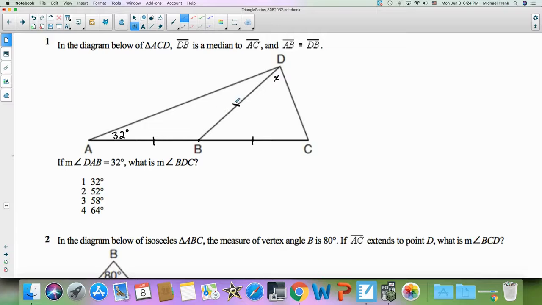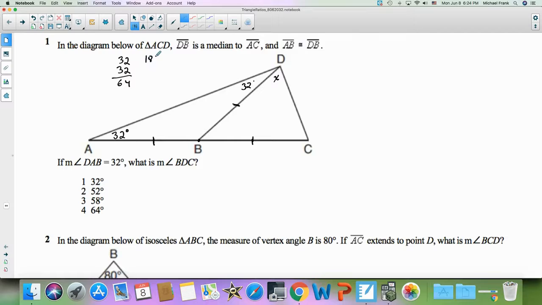If two sides are the same, that means it's isosceles, but it also means that the angles opposite the congruent sides are going to be the same, which means this will also be 32 degrees. And we know that a triangle adds up to 180. So if I take 32 and I add 32, we get 64.